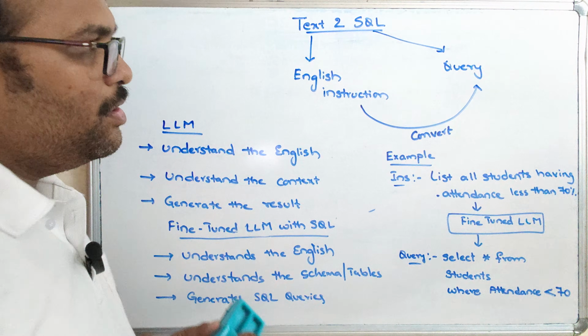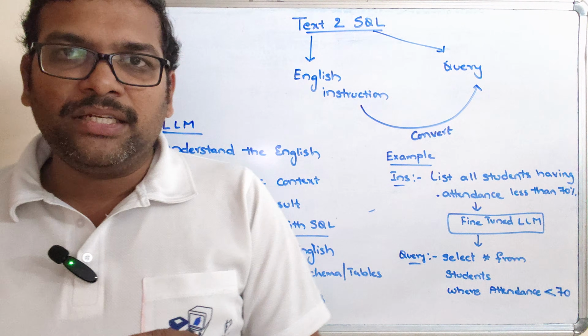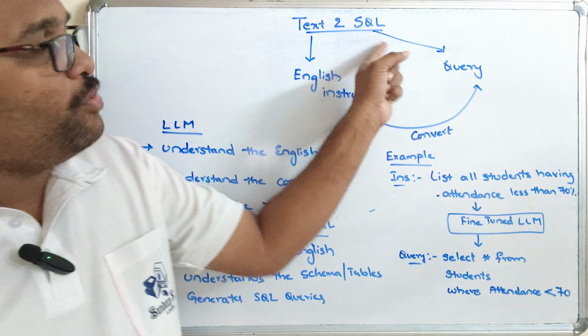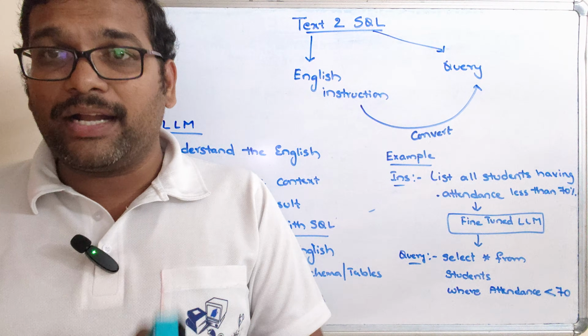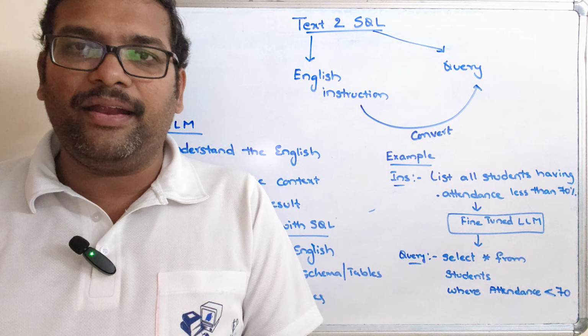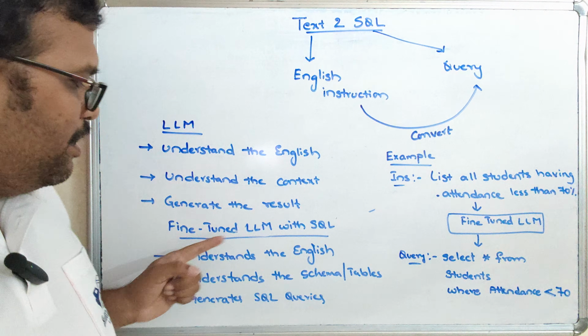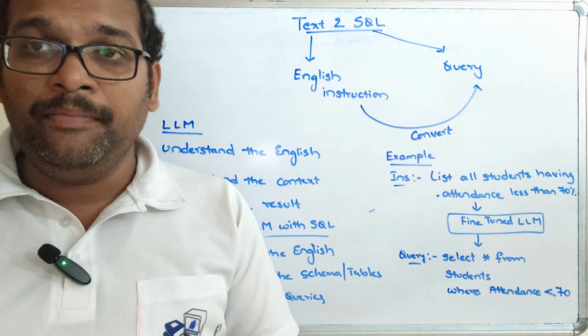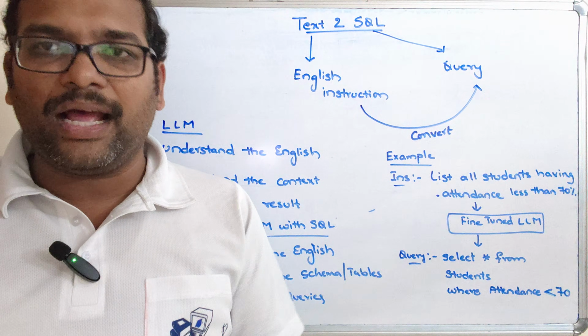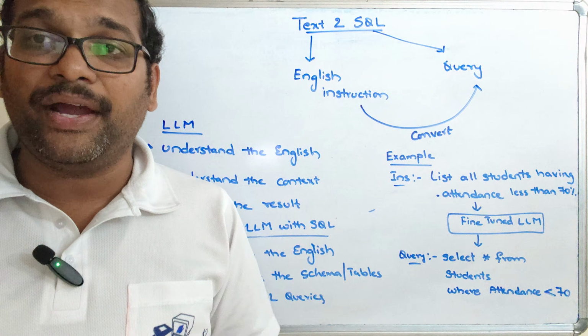Okay, so hope you understood. One question: text to SQL is not an LLM. It's an application or a task which has been completed with the help of a fine-tuned LLM. If the LLM is trained for a particular task, then it is called fine-tuned.